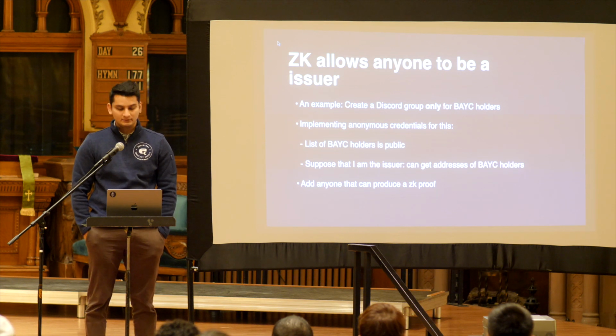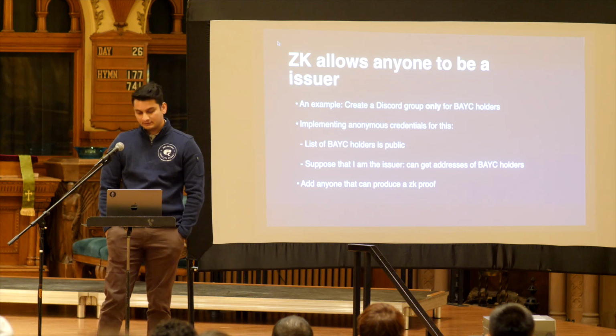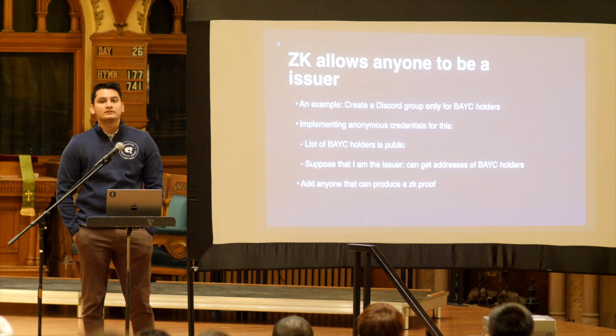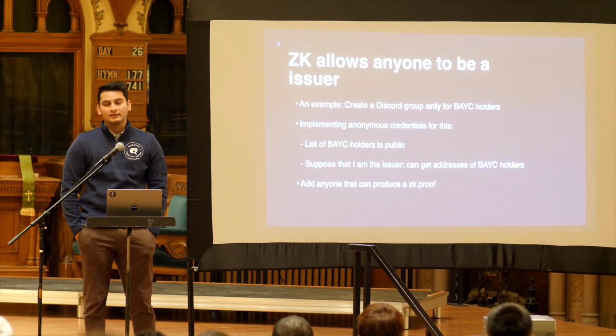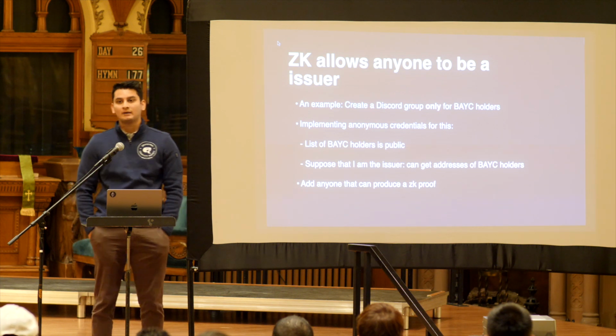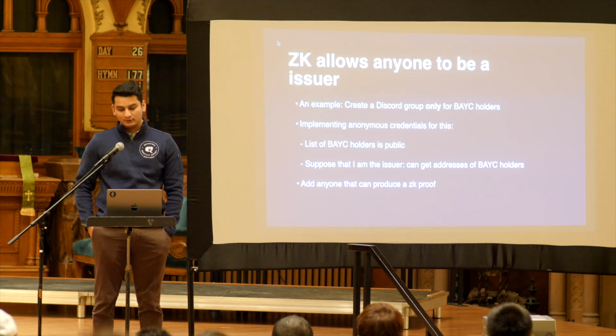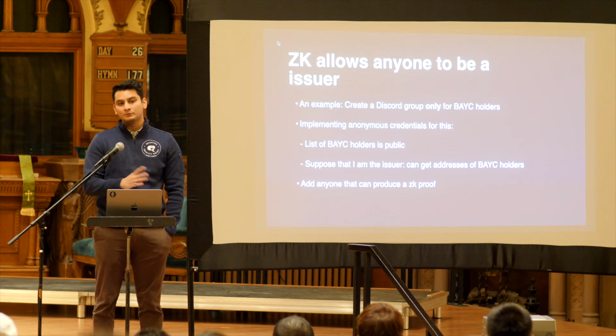So let's say Bored Apes. How would you implement anonymous credentials for this? You know all the addresses of the people who own Bored Apes, and that's public information on-chain. And if I am an issuer, I can grab all of this public information, and then I do the following, right? I add anyone who produces a following zero-knowledge proof to the Discord, right?